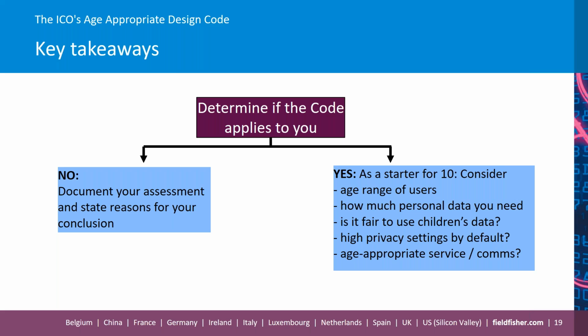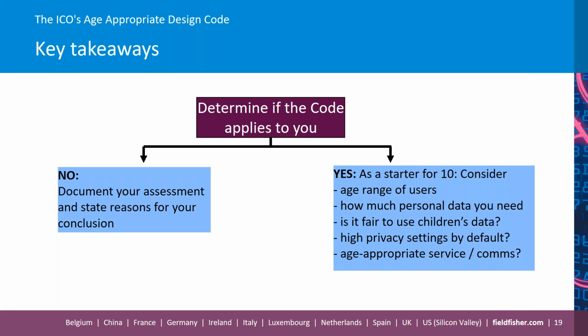And always, when we're talking about data protection, how much personal data do you actually need to take from the young people? Do you actually need to be collecting all that you are doing? Is it fair to be using children's data as you foresee that you may do? Equally, high privacy settings by default: how are the default settings?